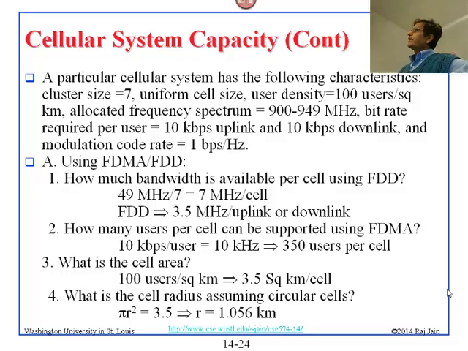And since it requires 100 users per square kilometer, we can cover 3.5 square kilometers per cell, from 350 divided by 100. So if it is a 3.5 square kilometer cell, the radius would be 1 kilometer, from pi r squared.